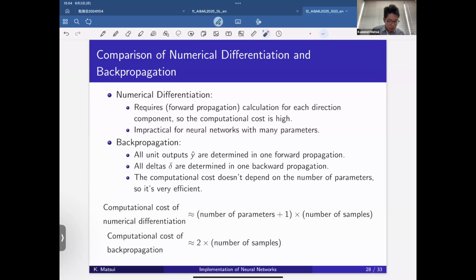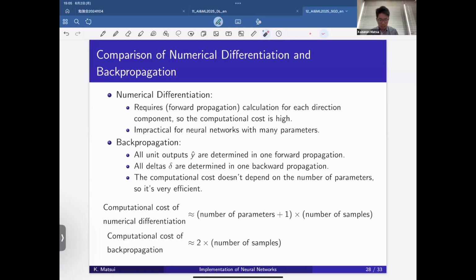When calculating using numerical differentiation, we need to calculate how the loss function changes when only one parameter changes for each parameter. We also need to calculate the case where it doesn't change, so this much computational cost is necessary.